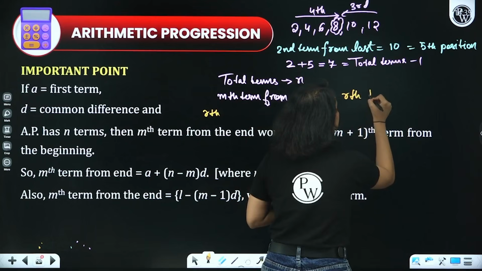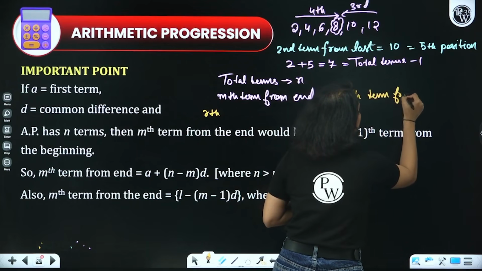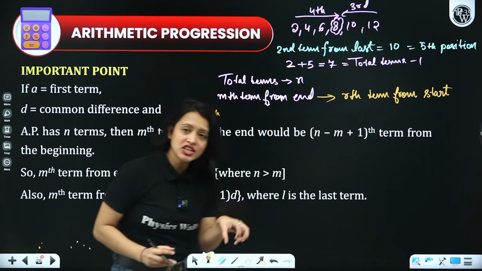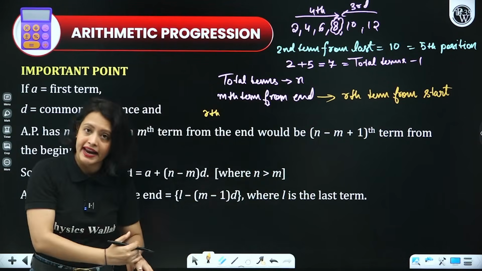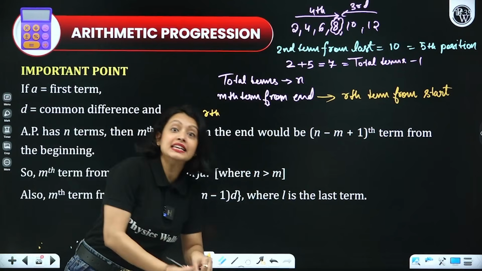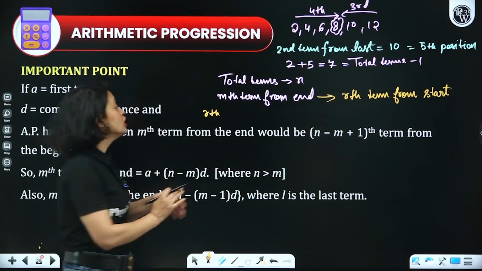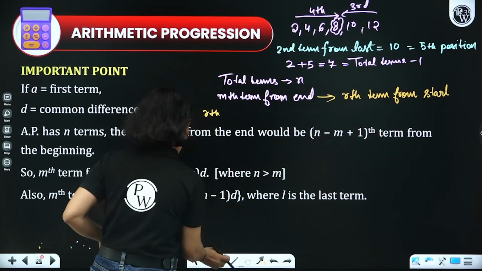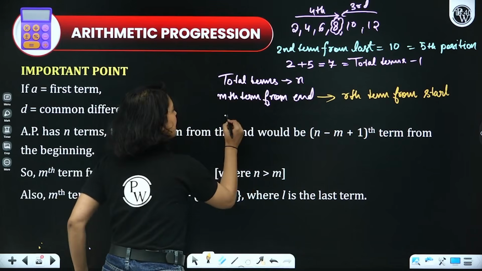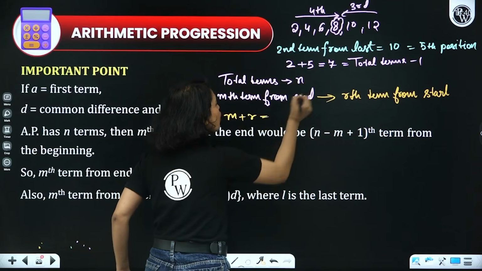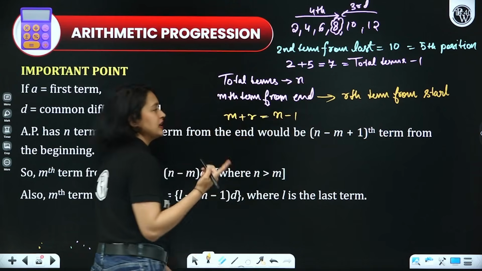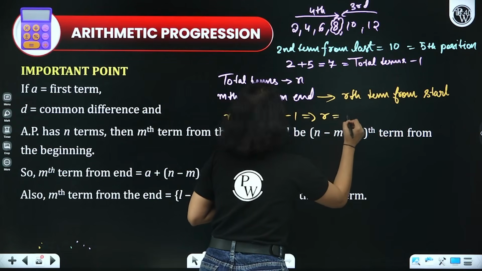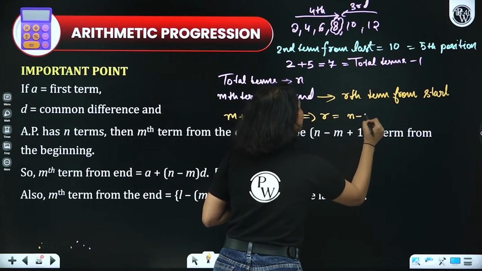That means the term which is the mth term from the end is the rth term from the beginning. So अब I know the relationship between m and r, that if I add m and r, I will get m plus r equals total terms, which I have taken as n minus 1. Now from here you can tell that r is equal to n minus m.